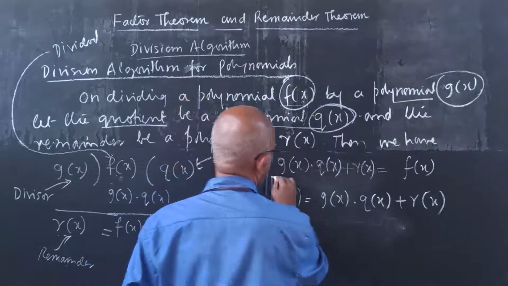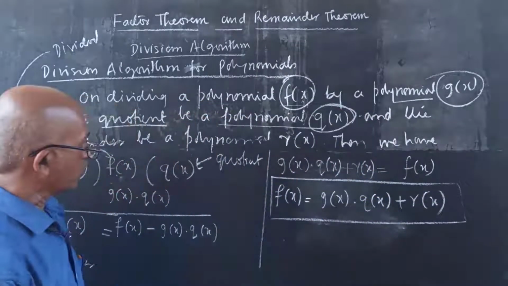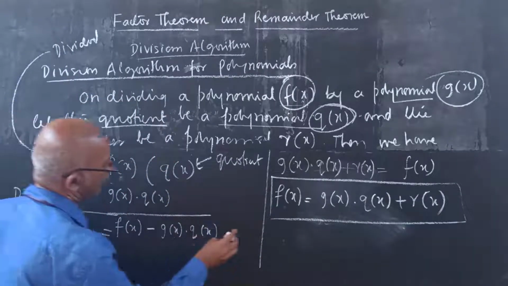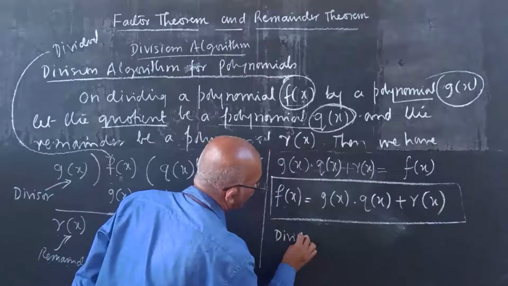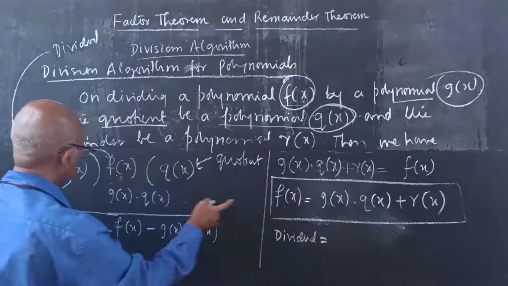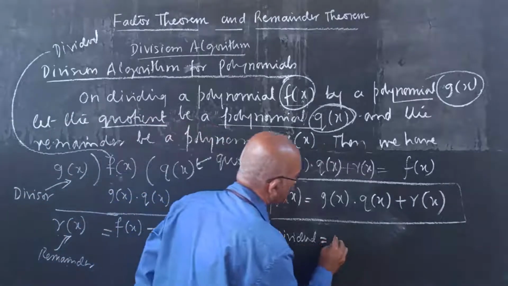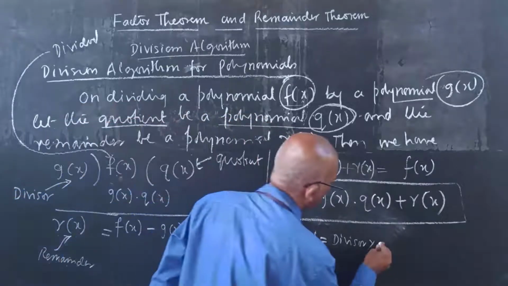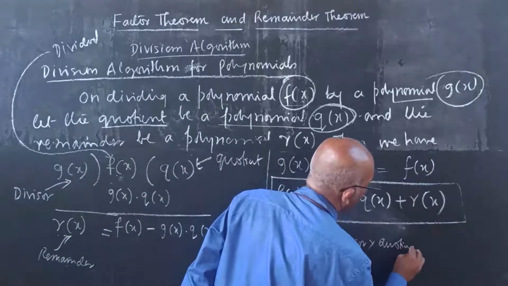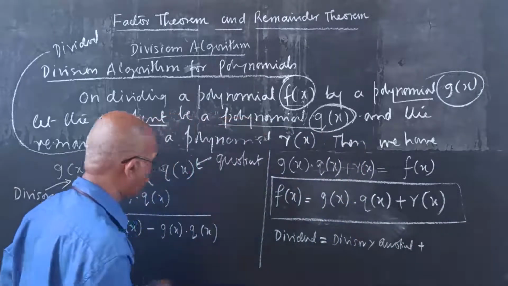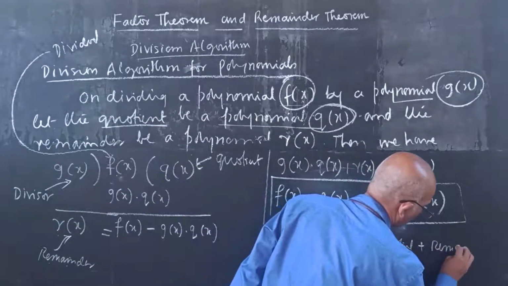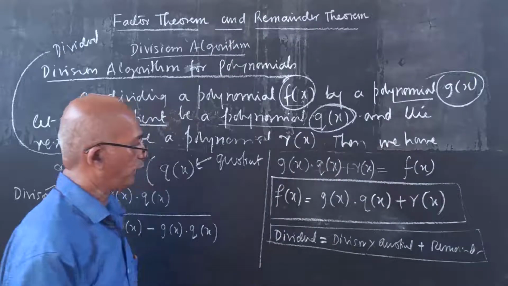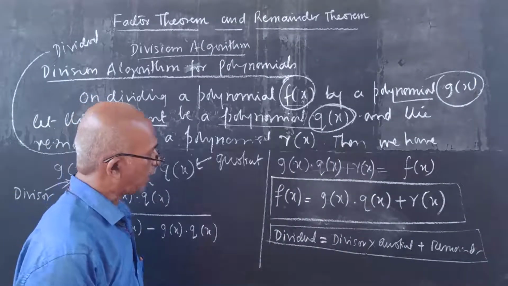So this is the formula. f(x) is nothing but the dividend, g(x) is the divisor, q(x) is the quotient, and r(x) is the remainder. So dividend is equal to divisor into quotient plus remainder.